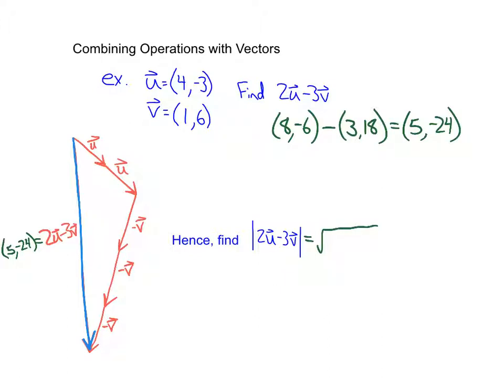Okay, so this is going to be the square root of 5 squared plus a negative 24 squared. So that's the square root of 25 plus 576, which is the square root of 601, which I don't think simplifies.